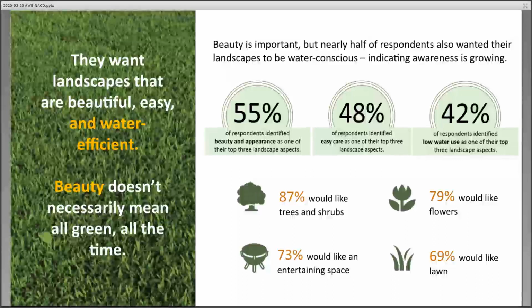And so we also asked what beauty meant to them, and it wasn't just turf, which typically uses quite a bit of water. They wanted other things like trees and shrubs, entertainment space, flowers, and of course lawn, and especially functional lawn. I know when I grew up, a lot of my best memories were playing soccer and football in our lawn.